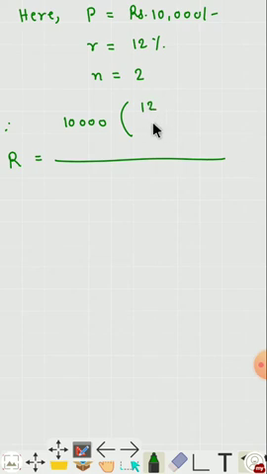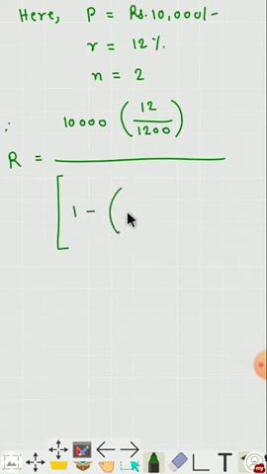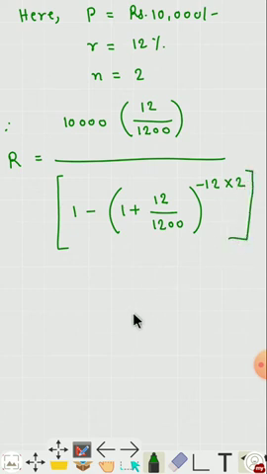So R is 12 divided by 1200 bracket complete, whole divided by 1 minus bracket 1 plus R is again 12 divided by 1200 bracket complete, whole raised to the power minus 12 into n, n is 2, bracket complete.